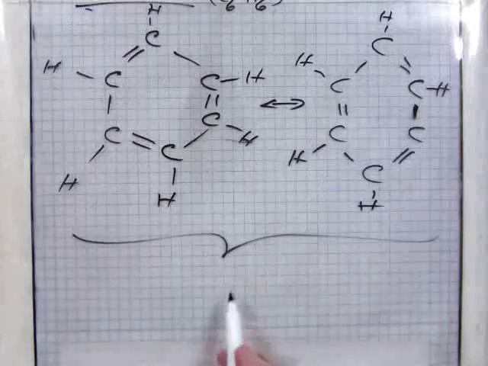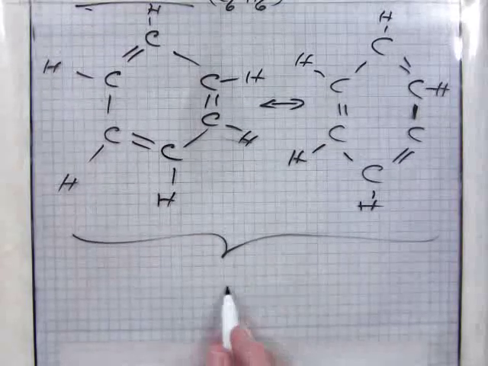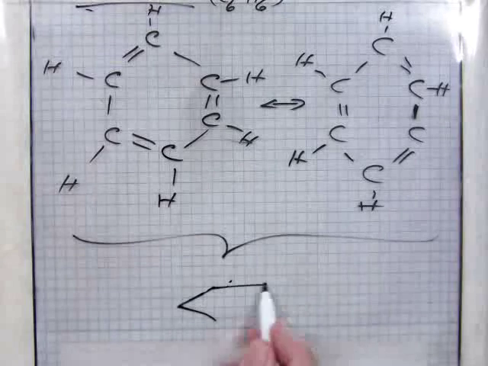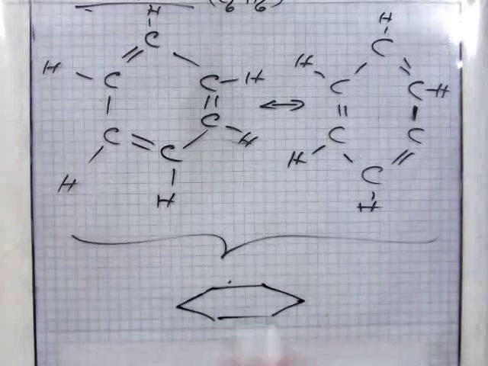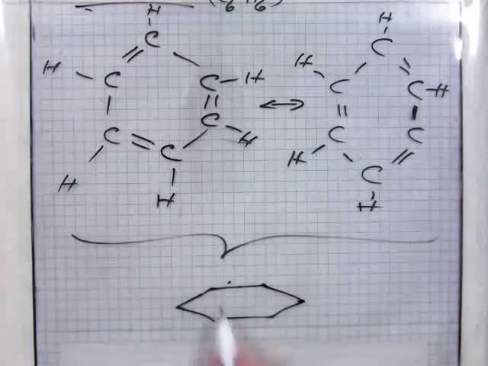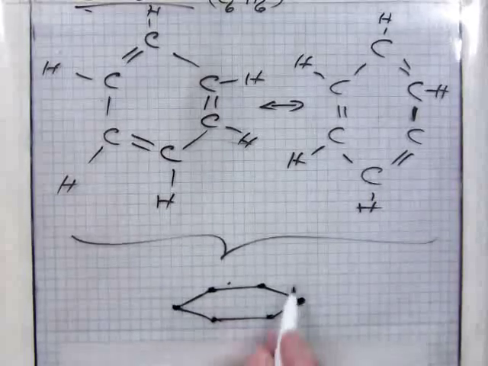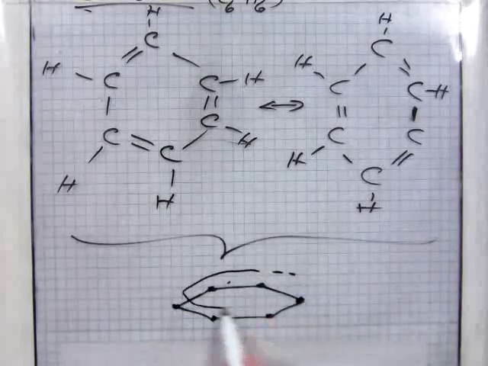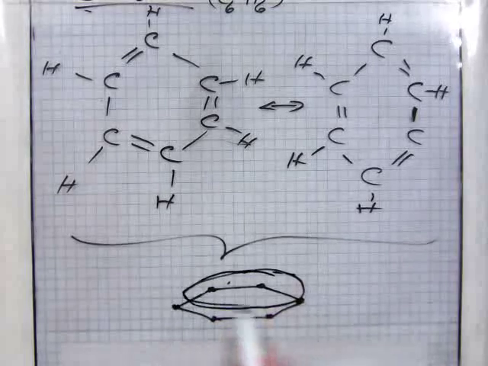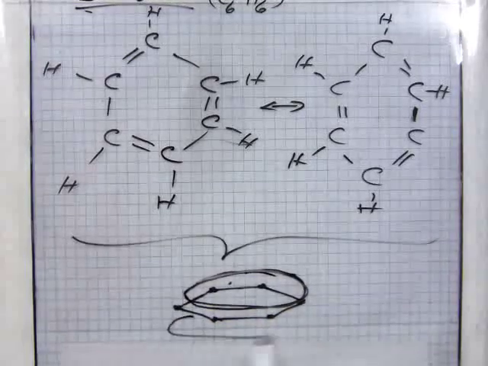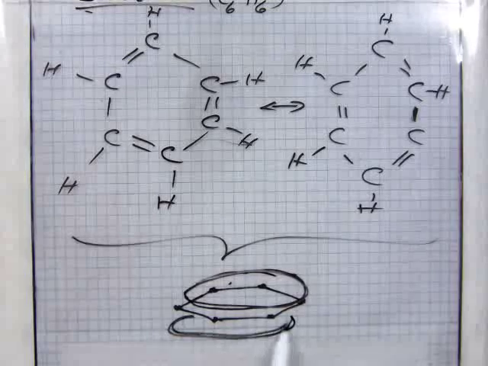And so one way to draw this is looking at it from the side. These are covalent bonds in the structure, and these are carbons here, here, here, and here, and here. And so you have a halo above the ring, and you have a halo going on below the ring.